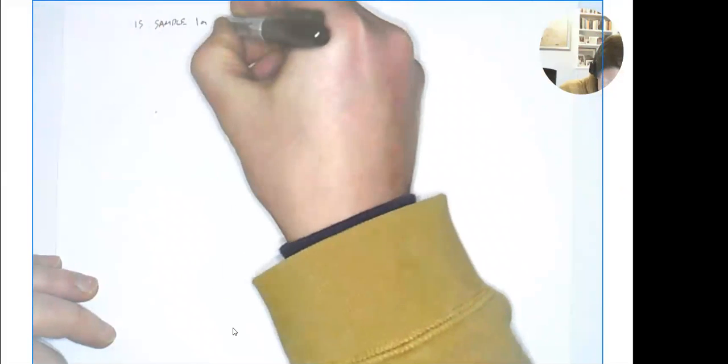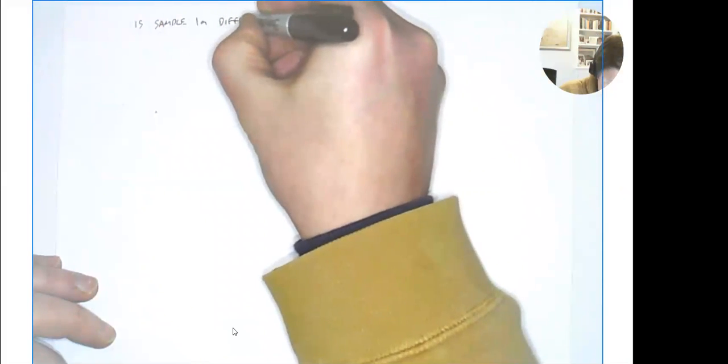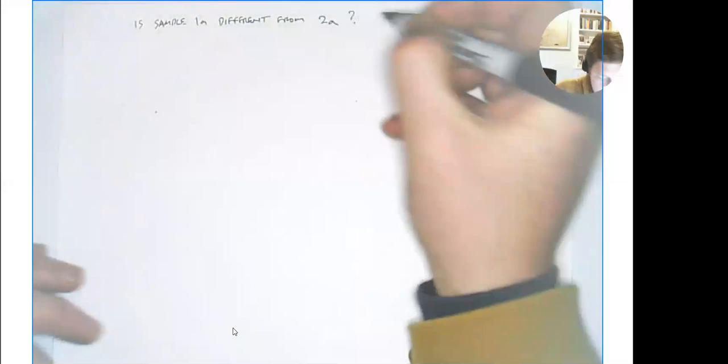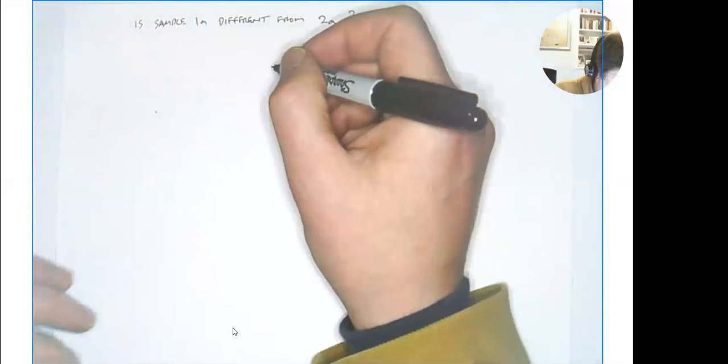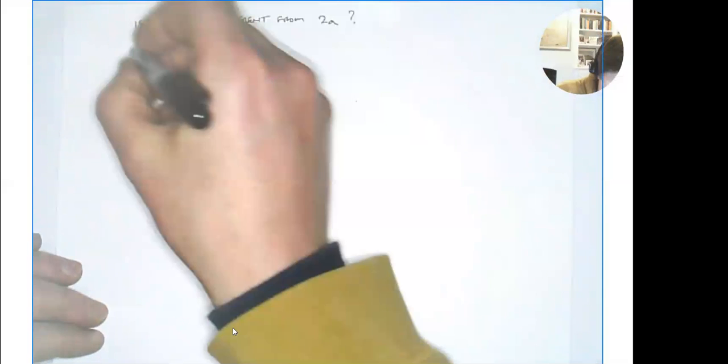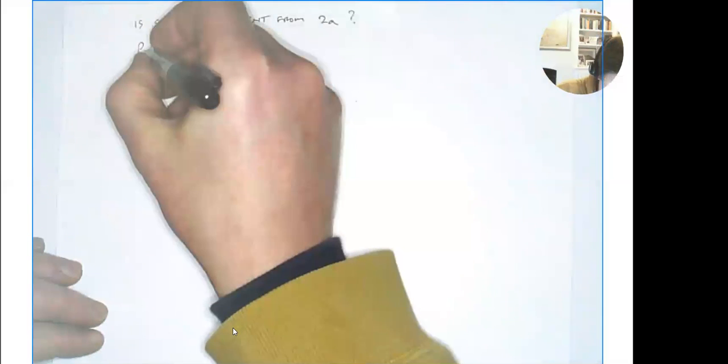That's our first question that we want to answer. Is sample 1A different from 2A? We want to check that we can answer that. So if we just write down what our values are.